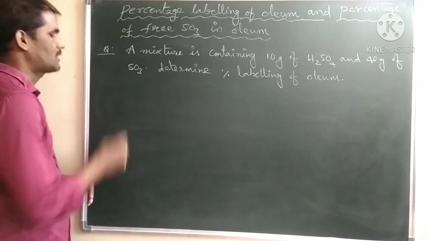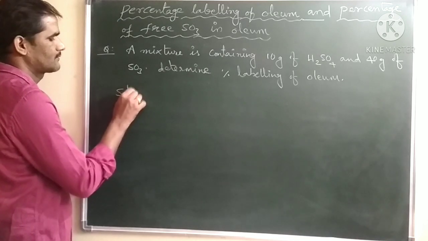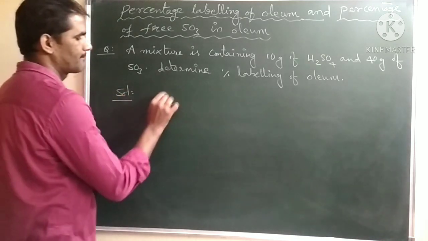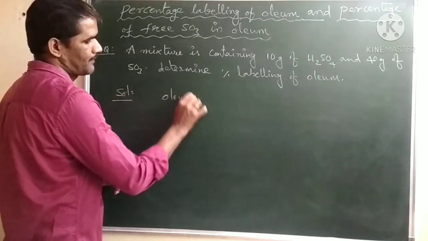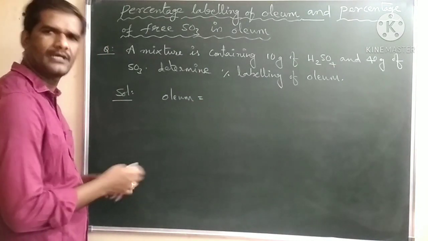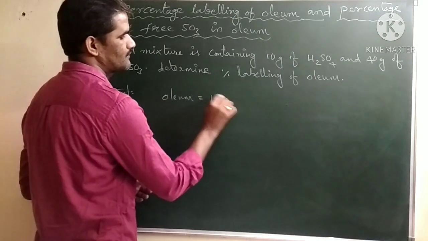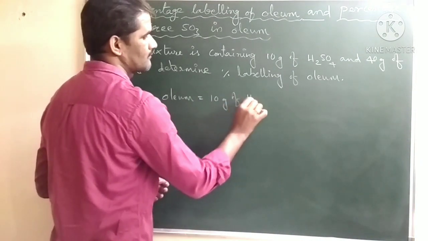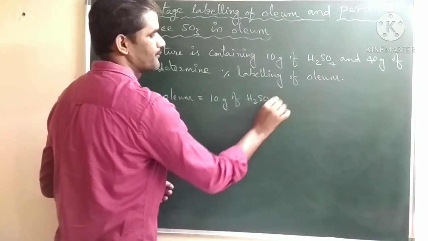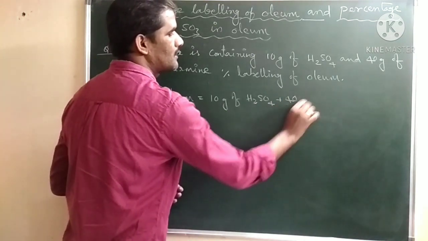Now what is the total amount of oleum here? Oleum means a mixture of H2SO4 and SO3, so 10 grams of H2SO4 and 40 grams of SO3.